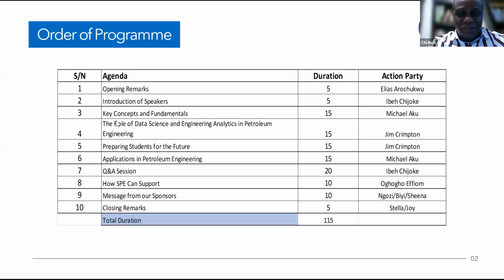The next will be introduction of speakers. And then we'll go through the presentations by the two speakers that we have today. And thereafter, we'll go through a question and answer session. So if you have any burning questions, please keep them to the end of the session. You can use the chat feature to capture those thoughts, questions or comments.